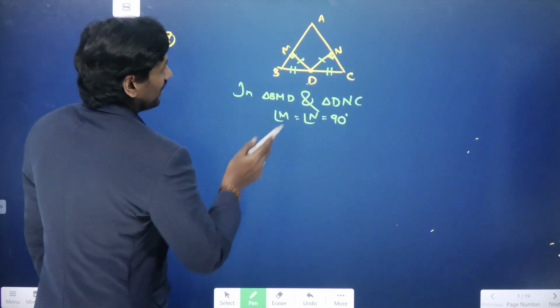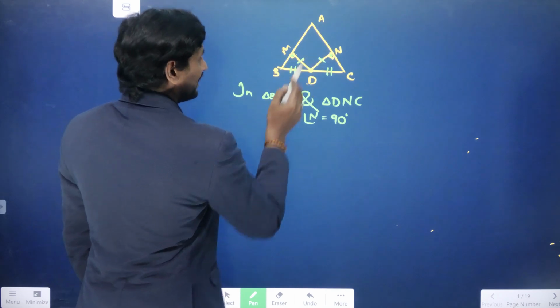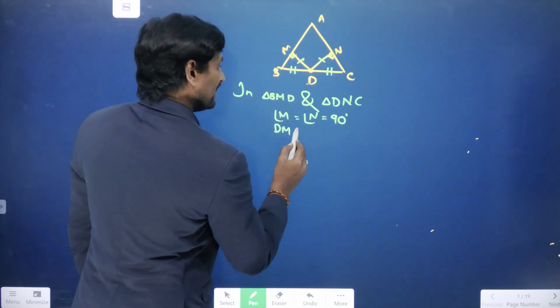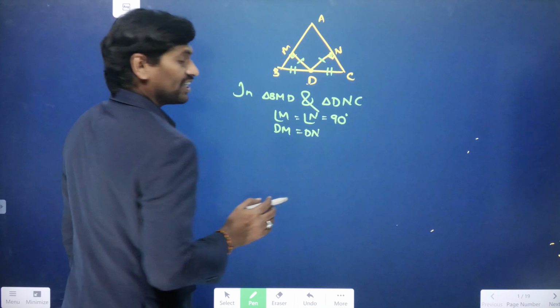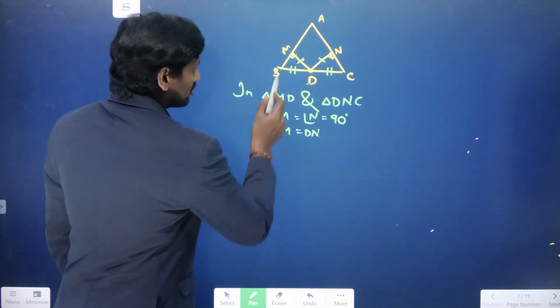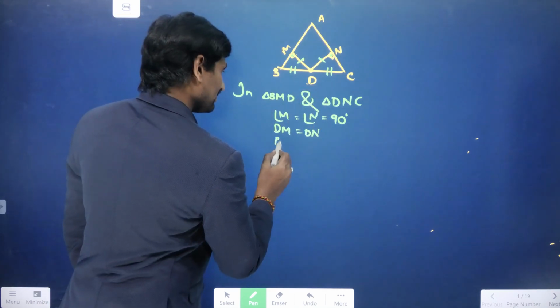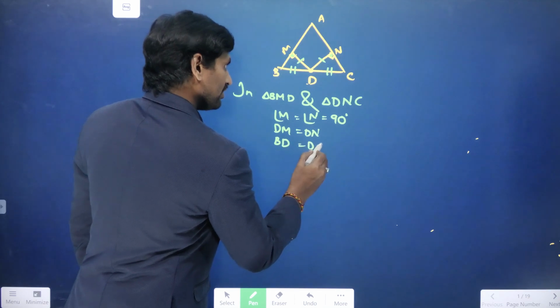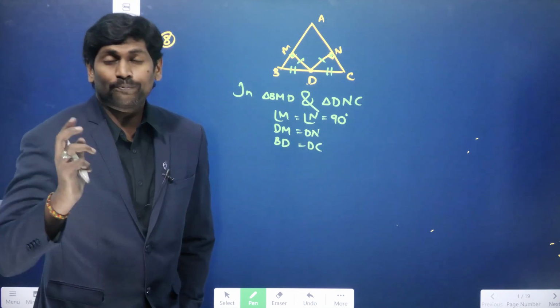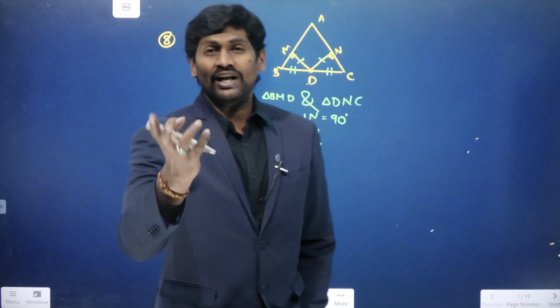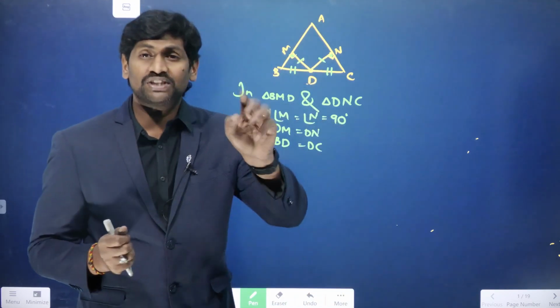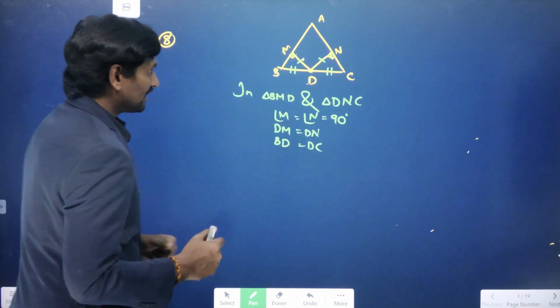Okay, right. And also we know that DM and DN both are equal. It is already given. And also BD length equals DC length. To prove any two triangles are congruent, we need minimum 3 measurements. So what are the 3 measurements here?